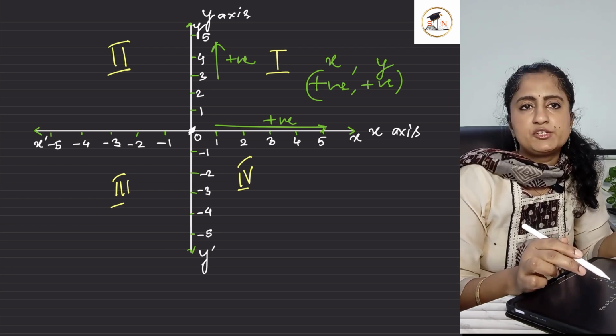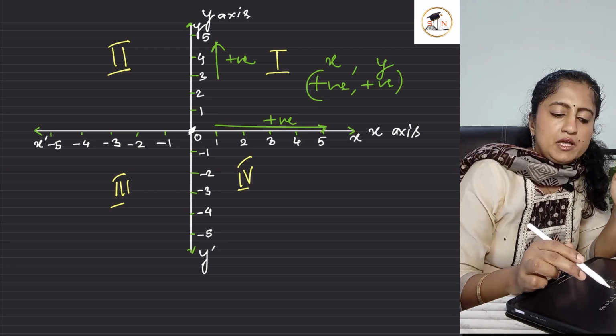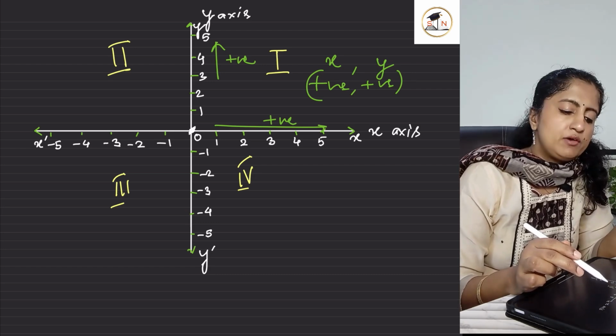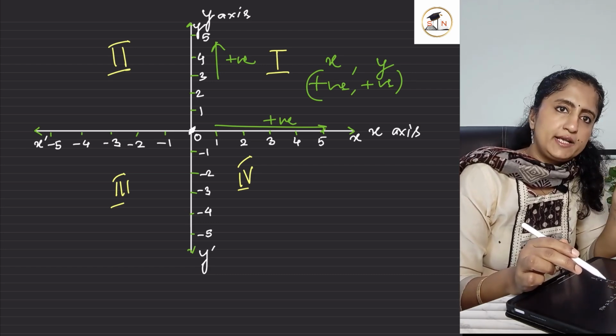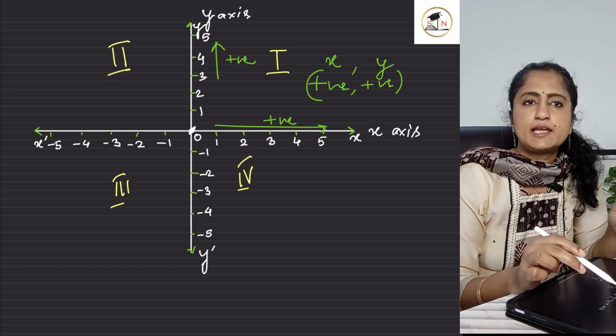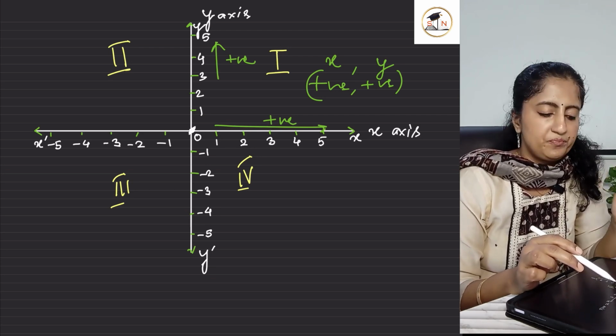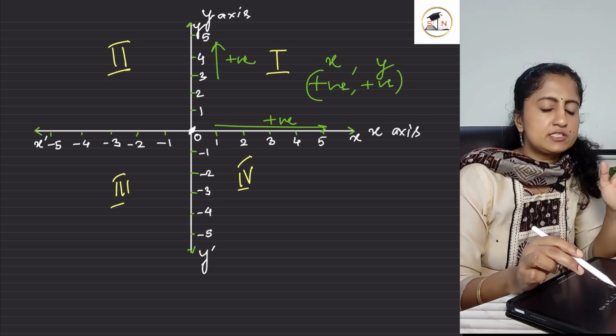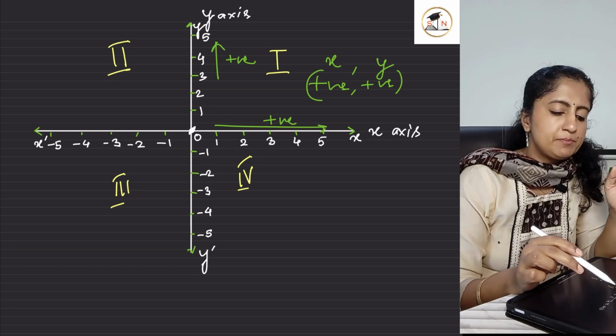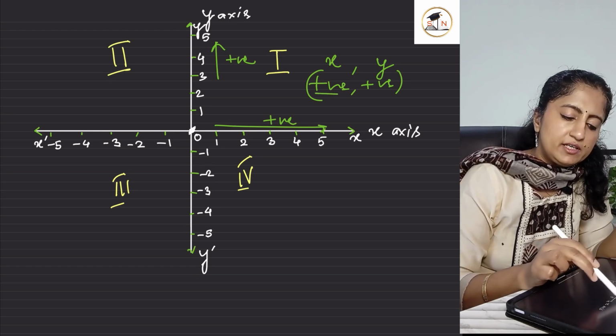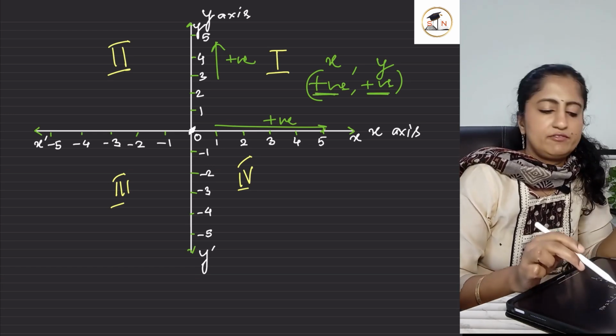After all, we are doing coordinate geometry, right? So whenever we are writing about the coordinate, the first component is always X. The second component is always Y. In the first quadrant, we can see that both are positive. So I have written positive, positive, right?